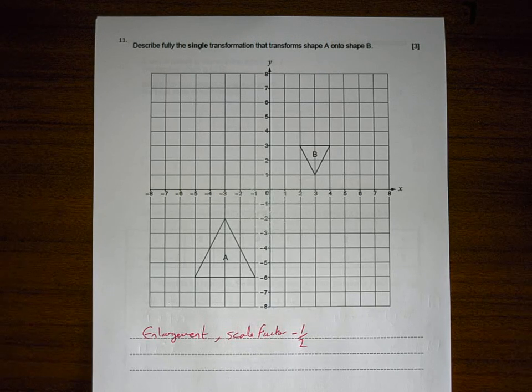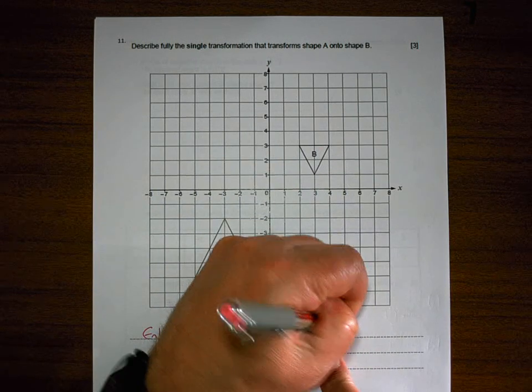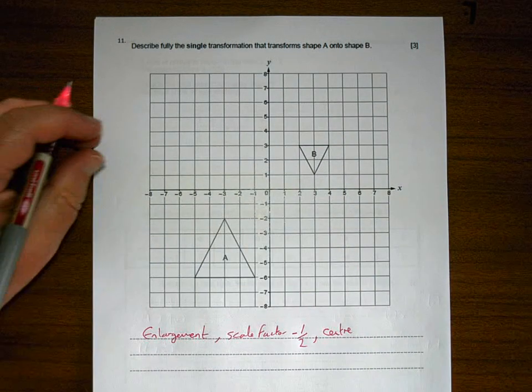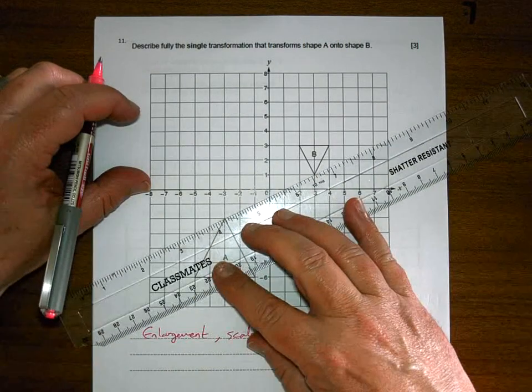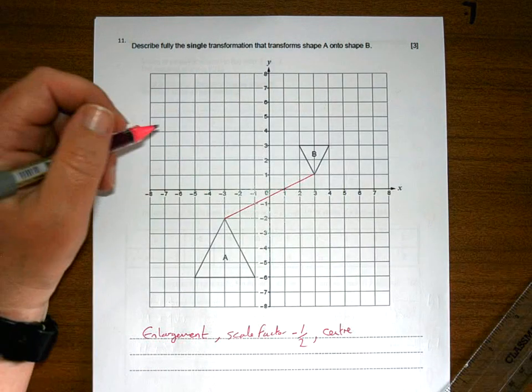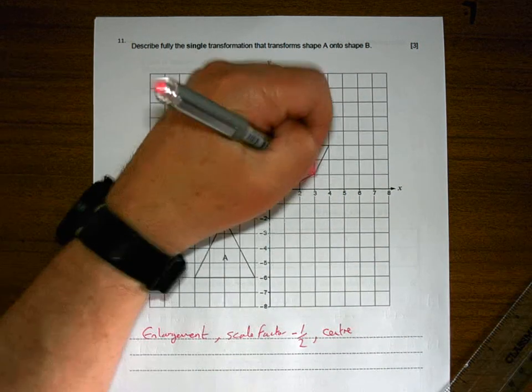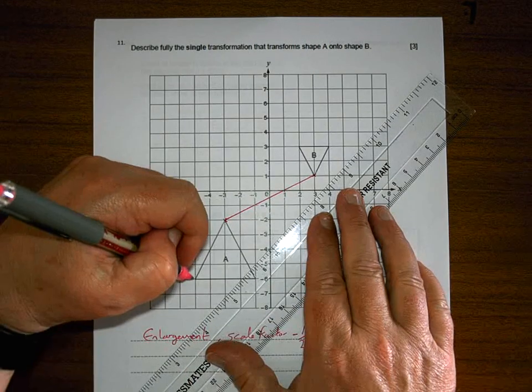To get the third mark, you need to say where the center of enlargement is going to be. And in order to do that, all you need to do is join the corresponding sides of your shape. So you know that that one is going to end up there. This one is going to flip around to there.